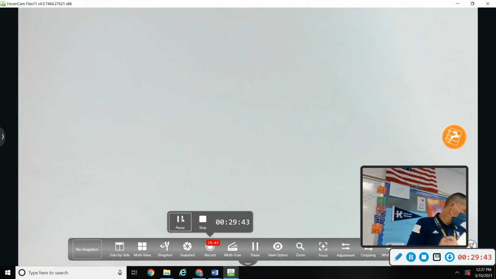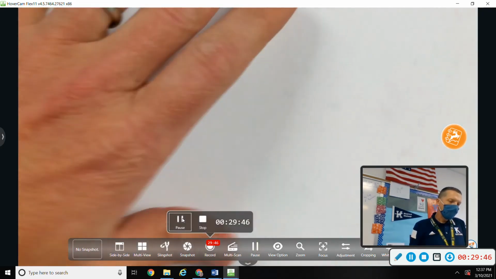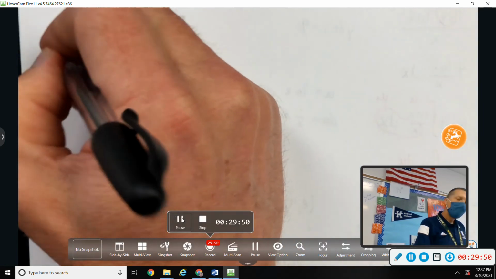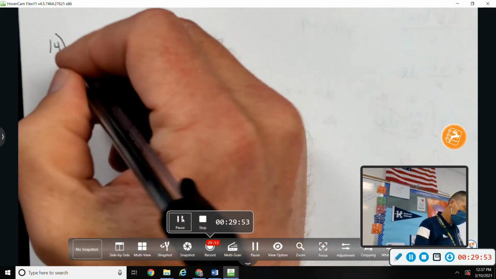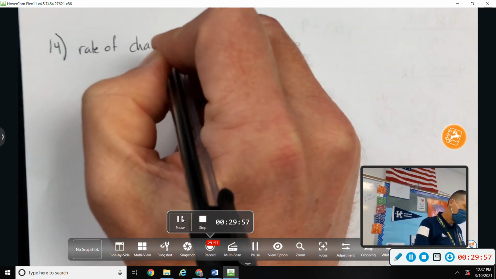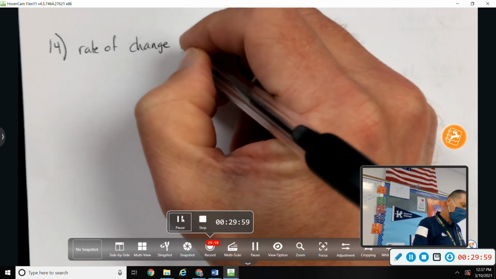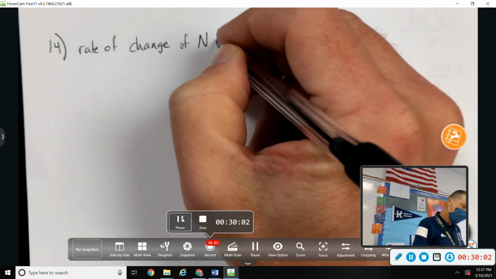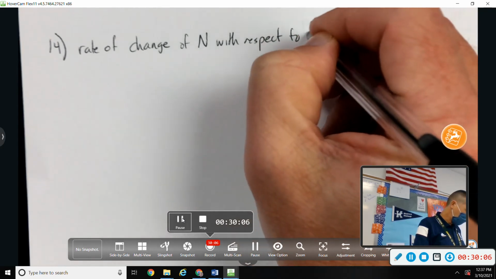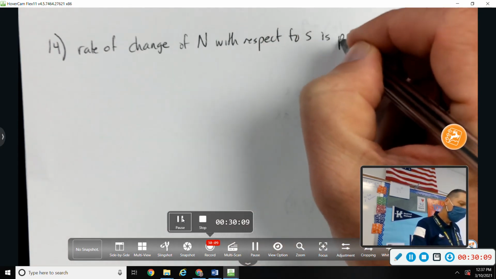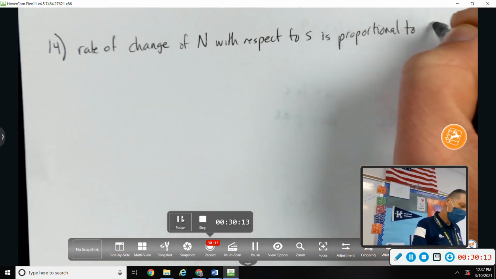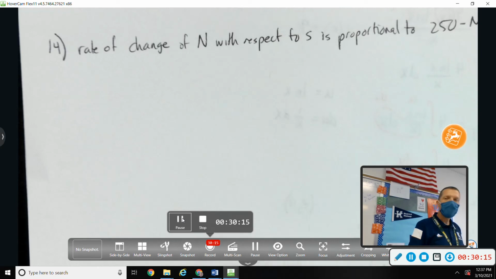Look at number 14, because I don't know if we've done this or not. Just looking at words, making sure we can interpret what is being said. Interpreting English into math. Rate of change of n with respect to s, you've already got this written down, is proportional to 250 minus n.